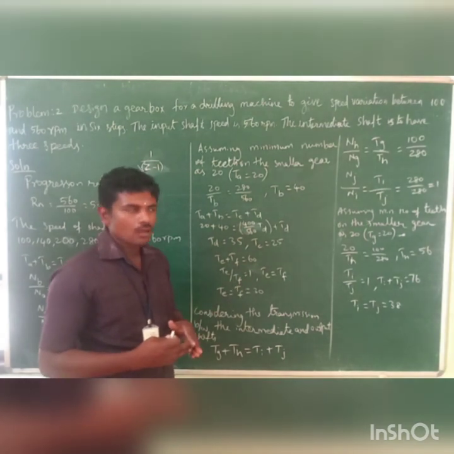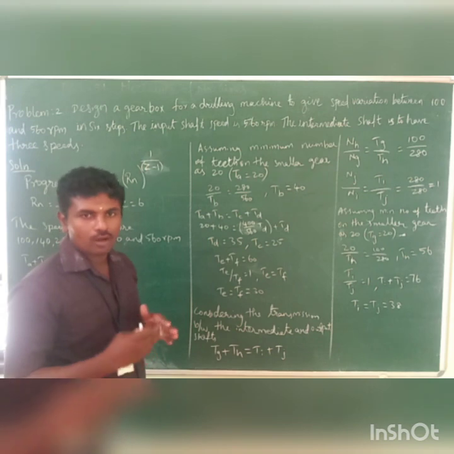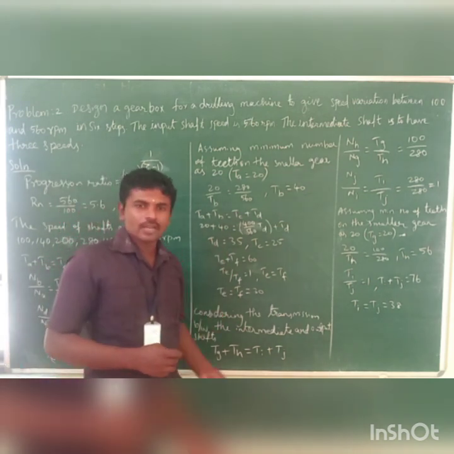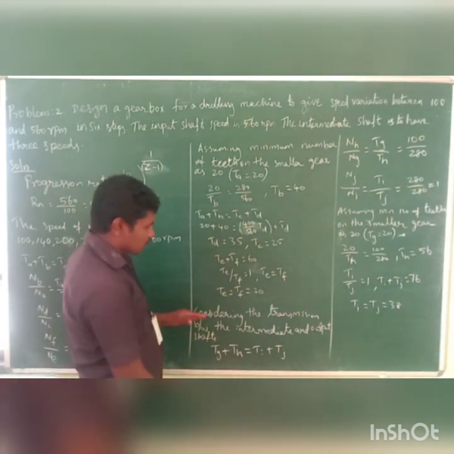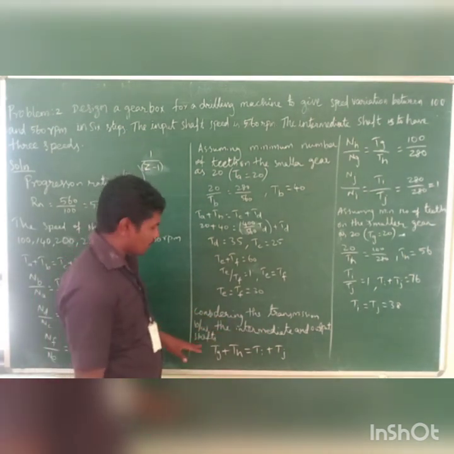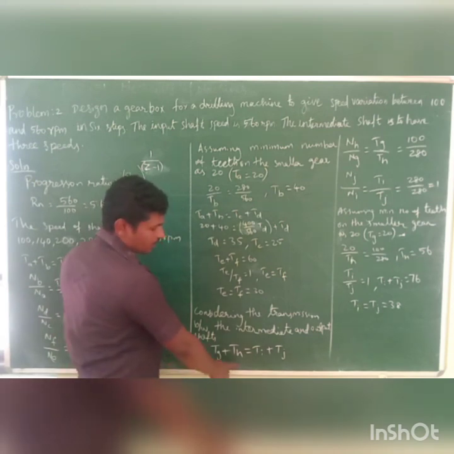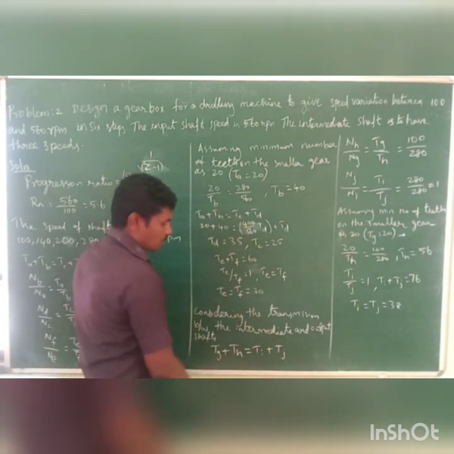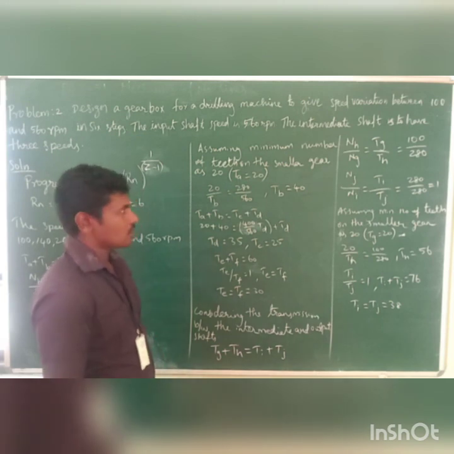For that, we need to find the speed ratio first. So I am going to consider the transmission between the intermediate gear and output shaft, which is TG plus TJ equal to TA plus TJ. Right? This is the intermediate and output shafts.